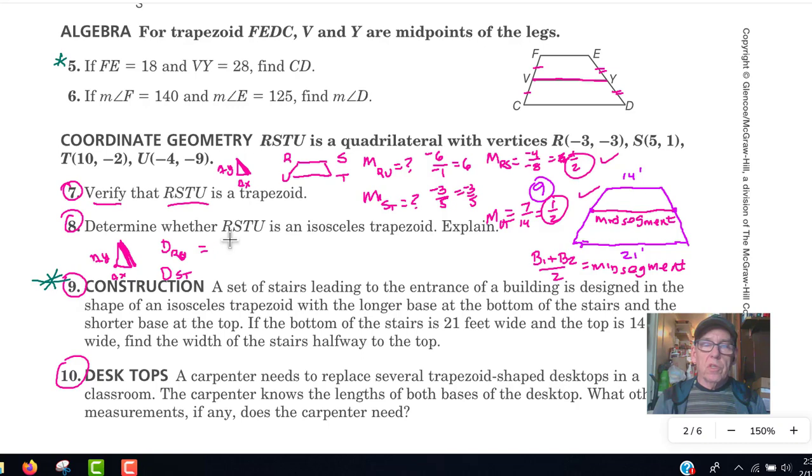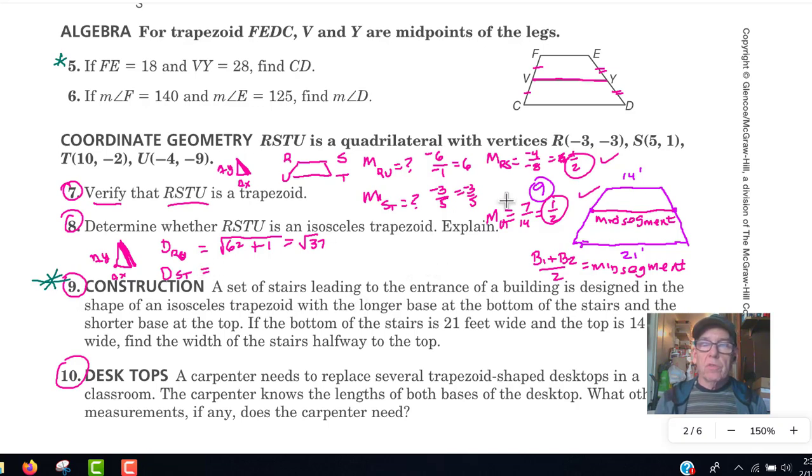That's going to give us 6 squared. Then we do the same thing for the x's. Going R to U, from a negative 3 to a negative 4, that's the distance of 1. So 36 and 1 is the square root of 37. So the length of RU is square root of 37 units long, a little bit more than 6.